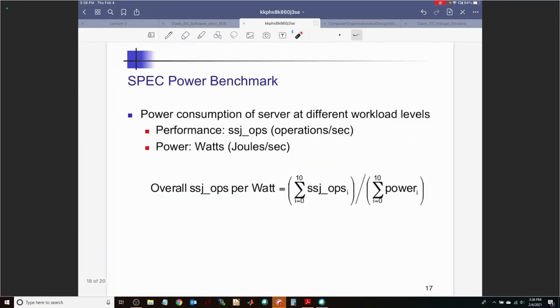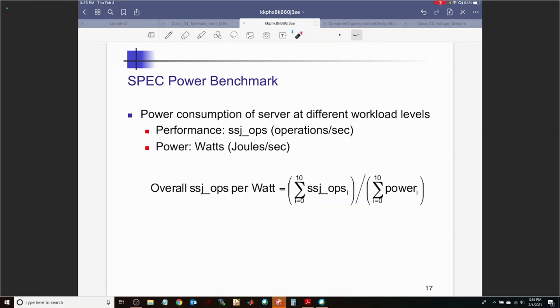Now let's talk about another benchmark here. This is the SPEC power benchmark. What is the byproduct of increasing clock rate, right? One of the things that computer manufacturers did, and they did a pretty bad job with Pentium 4, is they tried to push the clock rate up, thinking that if the clock rate is faster, they will be able to execute more and more instructions in a smaller time.